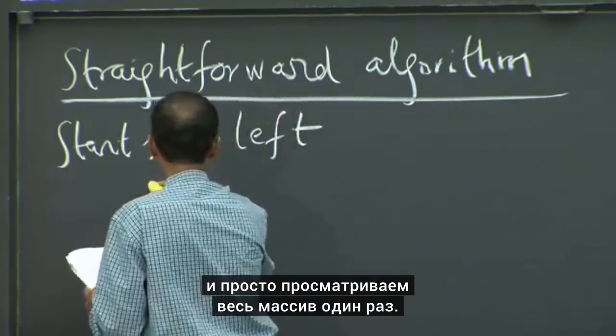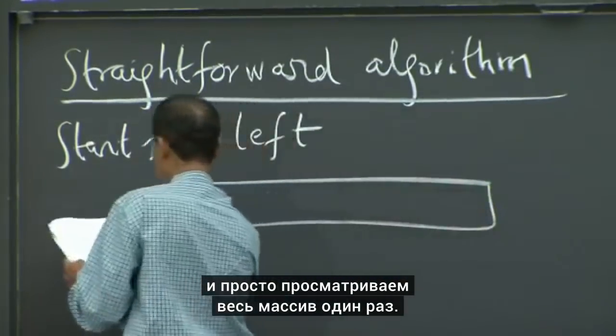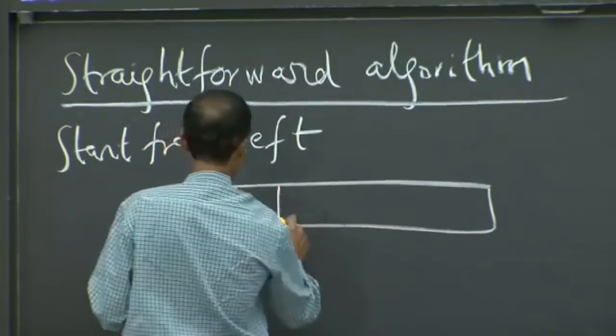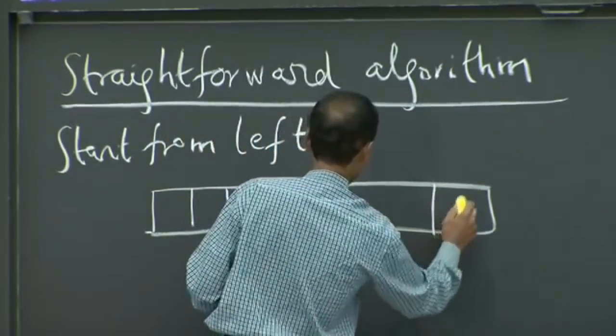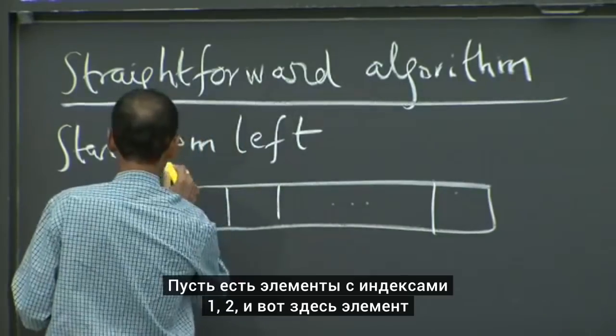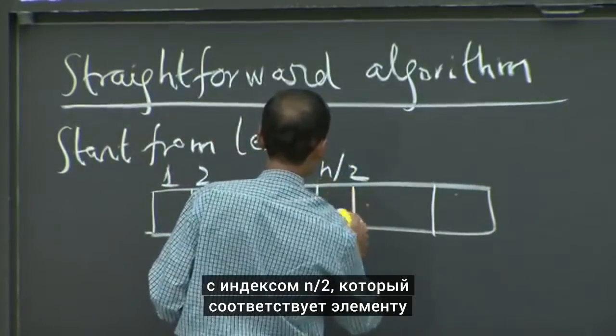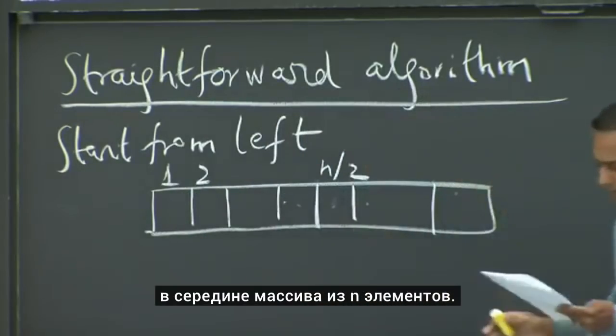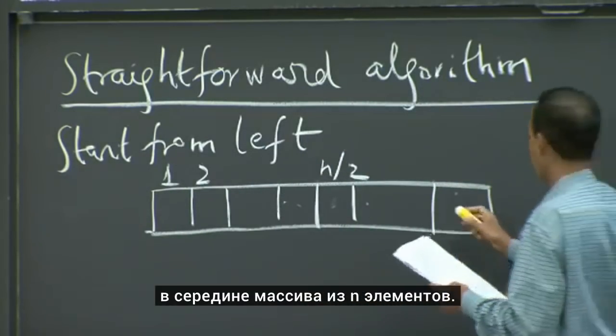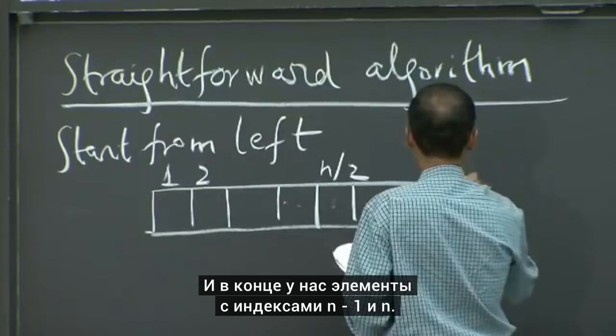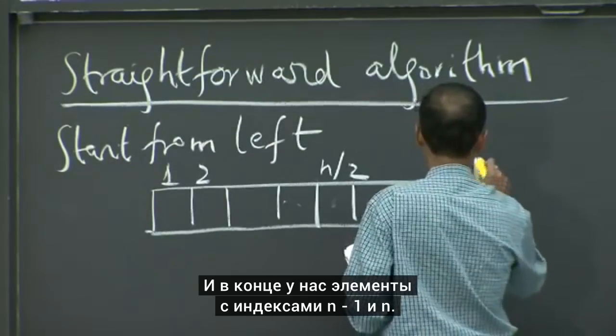And all we have is one traversal, really. So let's say we have 1, 2, and then we have n over 2 over here, corresponding to the middle of this n element array. And then we have n minus 1 and n.